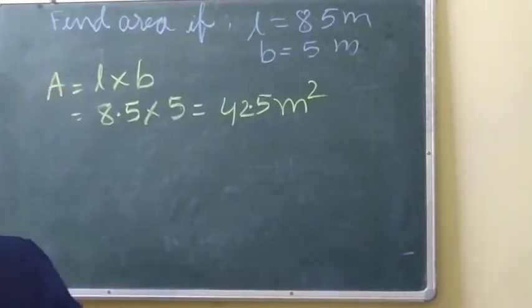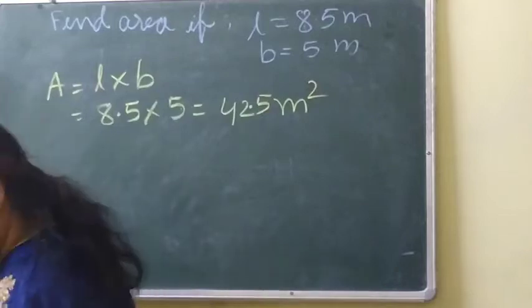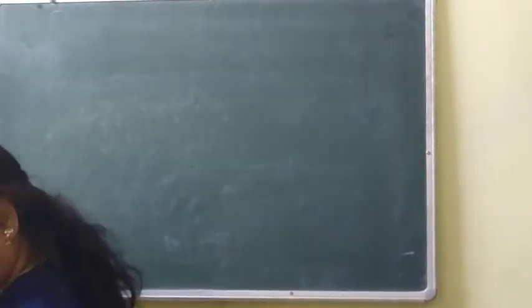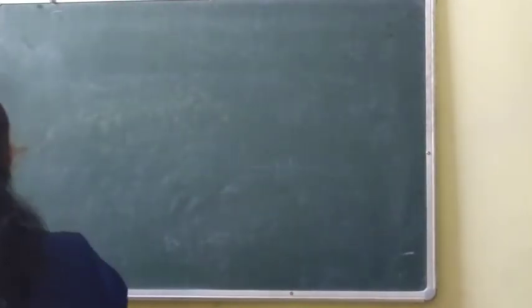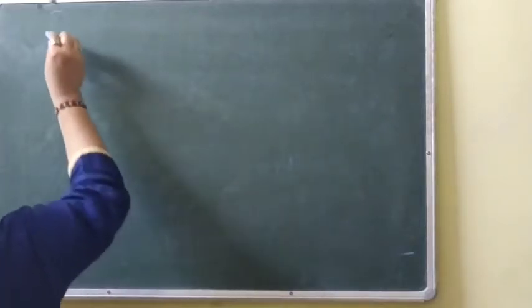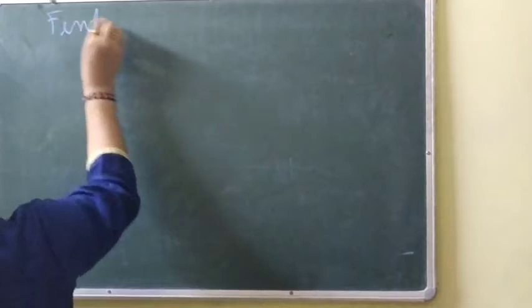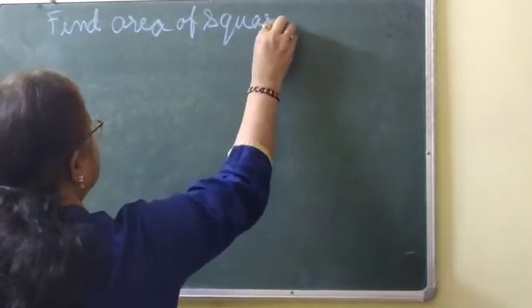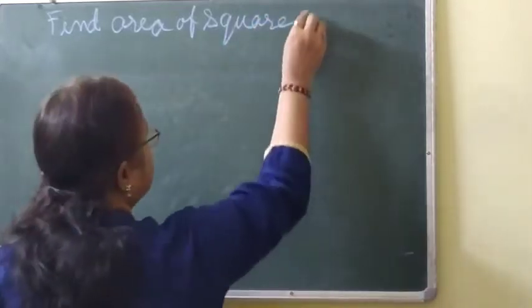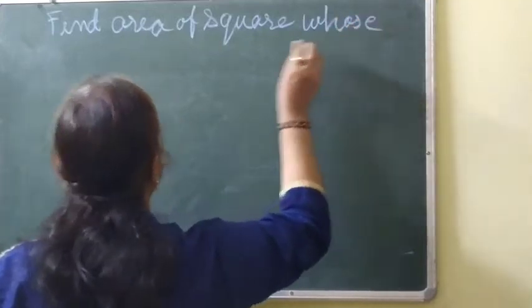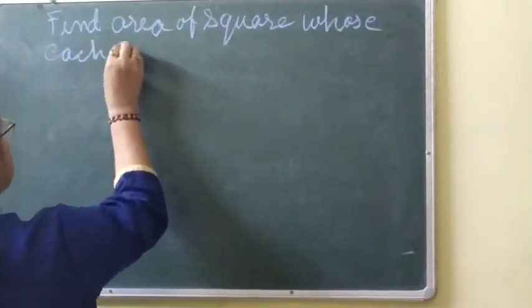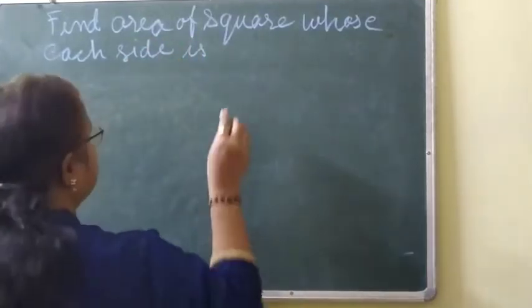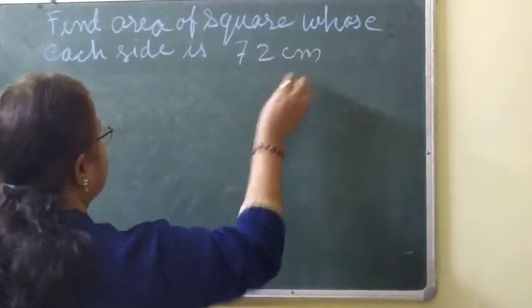So the next question is, let's first rub this one. Now the next question is, find the area of a square whose each side is 7.2 centimeter.